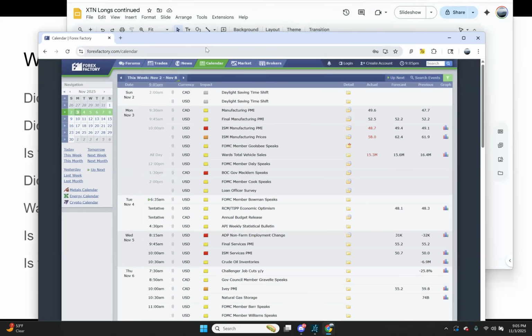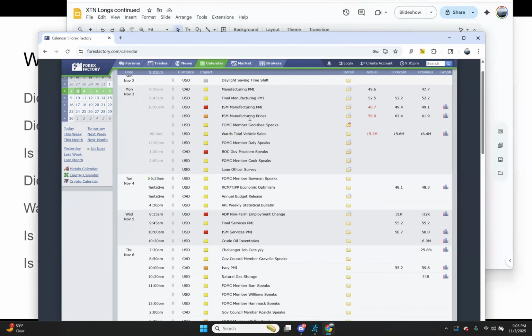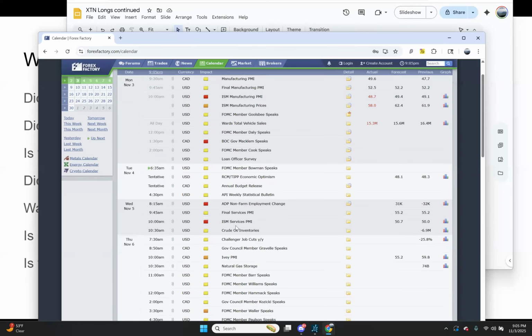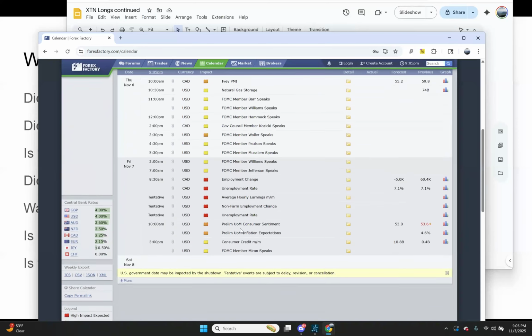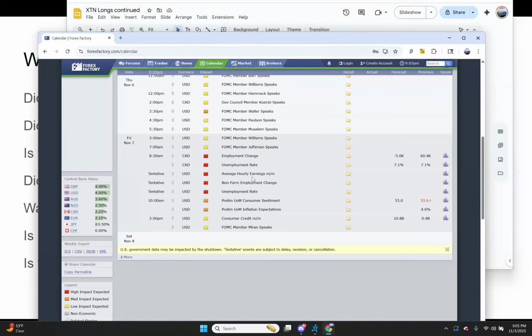forexfactory.com. I don't know if you guys have this saved, but forexfactory.com/calendar. Today was ISM, and then you have PMI, 10 o'clock on Wednesday. And then really the big one is Friday: unemployment numbers.